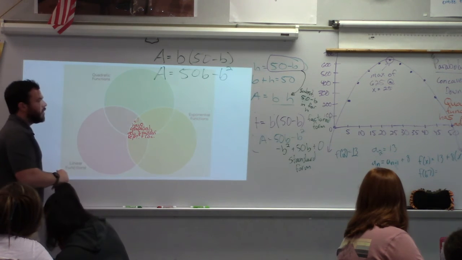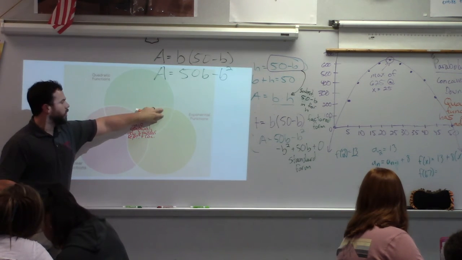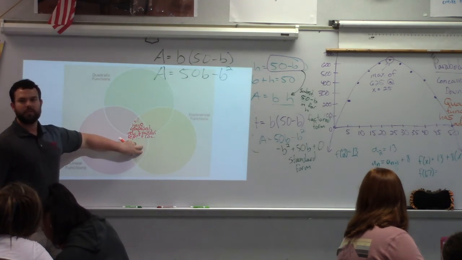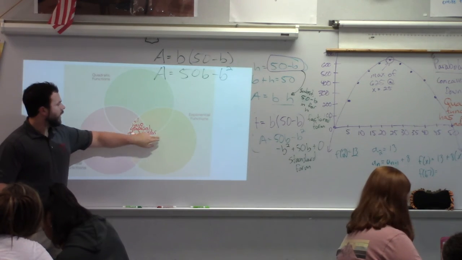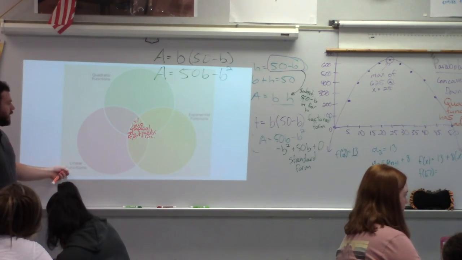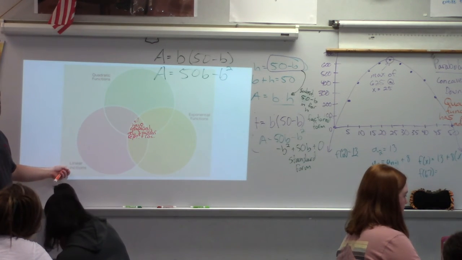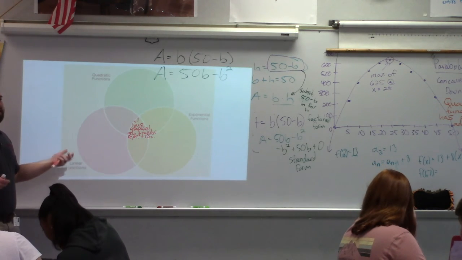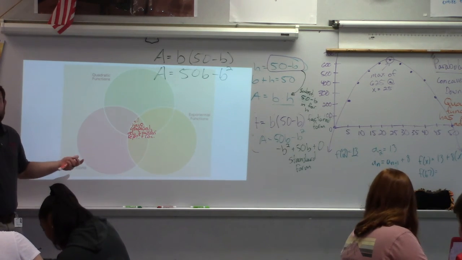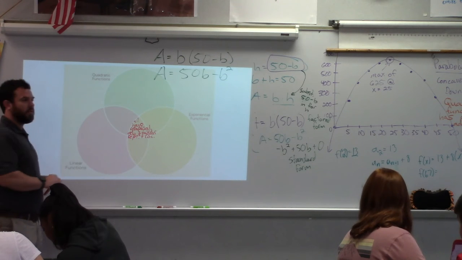But then you want to look to see, where do they overlap in each of these sections? Because how do exponential and linear functions overlap? They both have what type of rate of change? Constant. One's constant additive, one's constant multiplicative, but they both have constant rates of change, don't they?